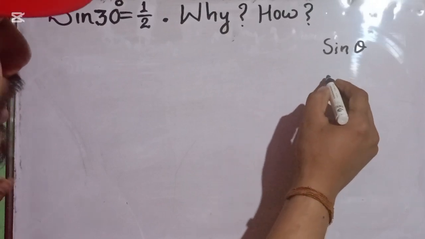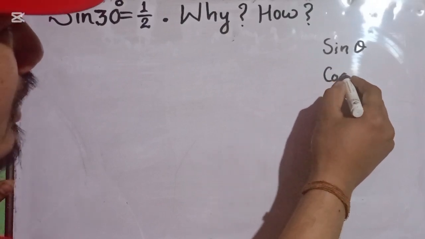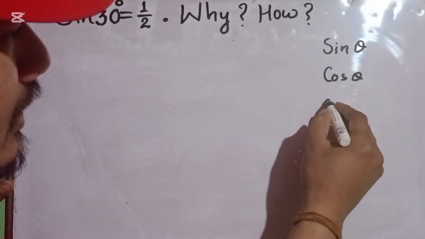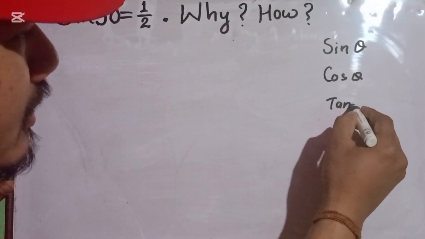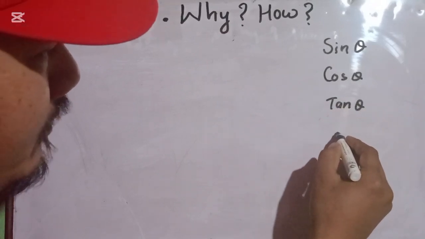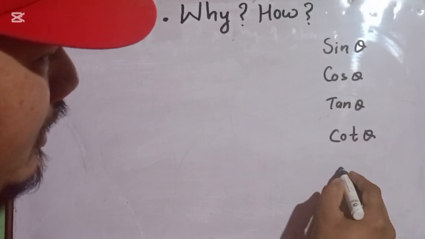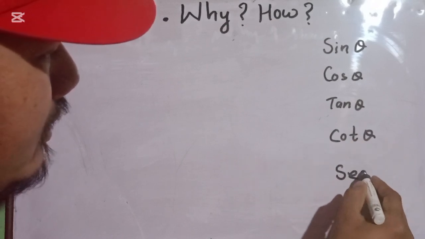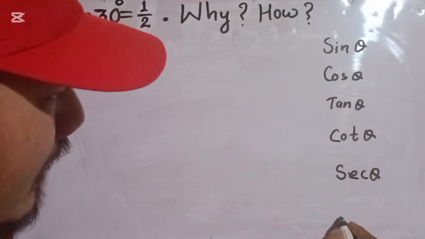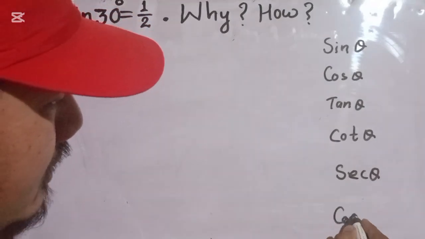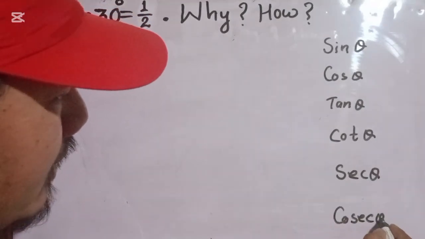Sine theta, then next one is cos theta, next one is tan theta, next one is cot theta, next one is sec theta, and last one there is cosec theta. There are altogether 6 trigonometric functions.